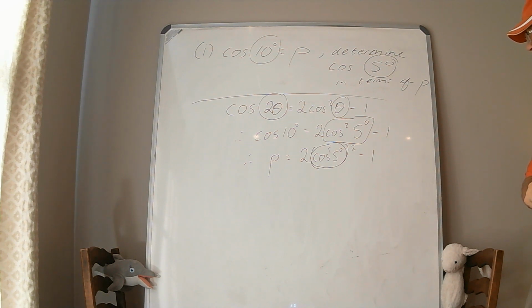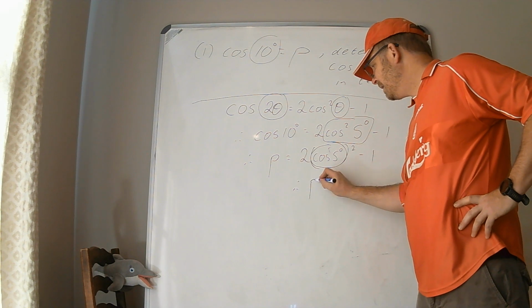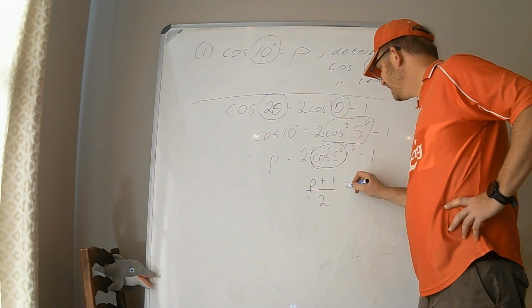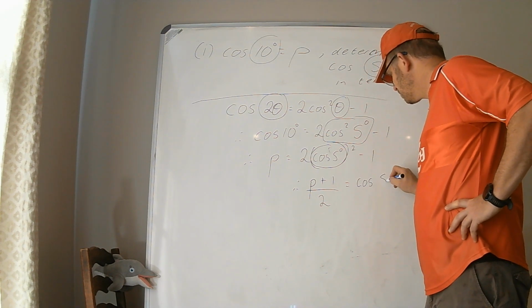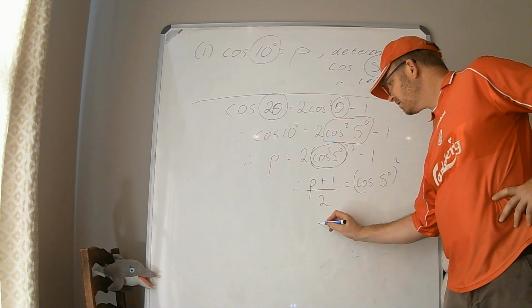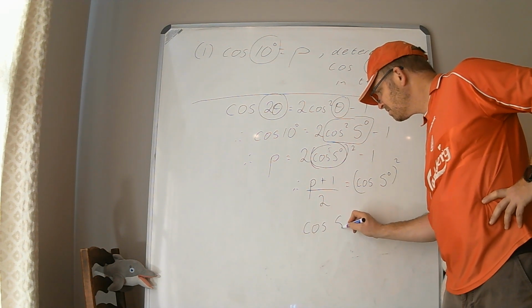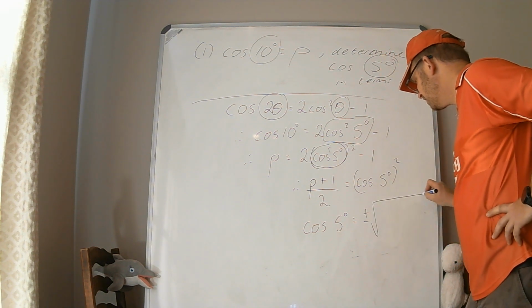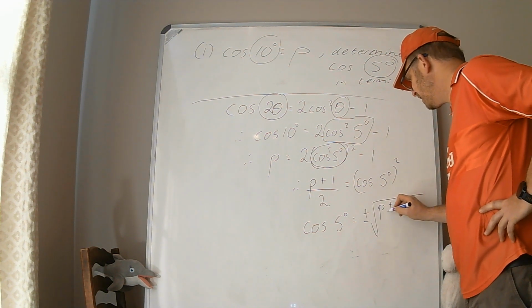Try that. Finish it off, Miss Lapo. Okay, so you're going to get P plus 1 over 2 is equal to cos of 5 degrees all squared. So cos of 5 degrees must be equal to plus or minus the square root of P plus 1 all over 2.